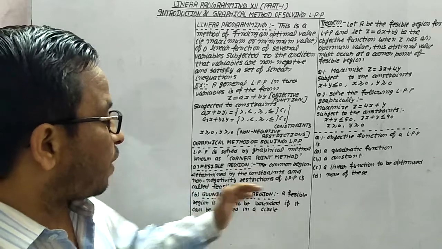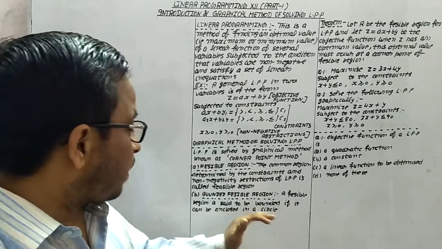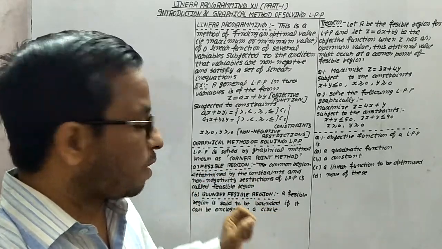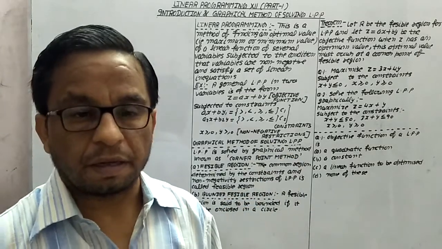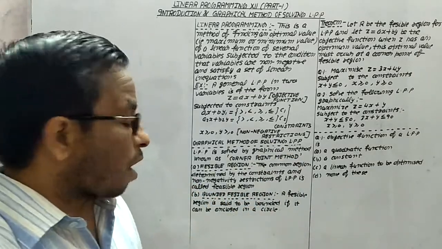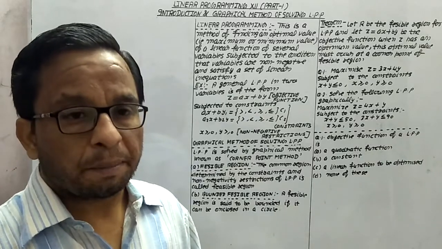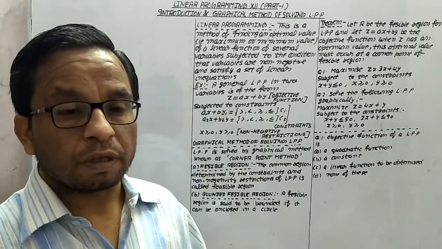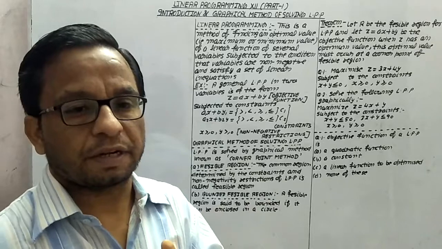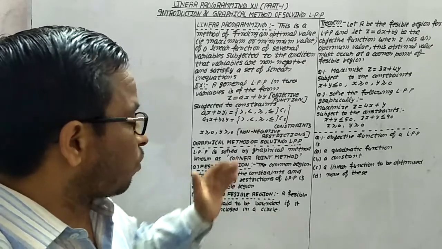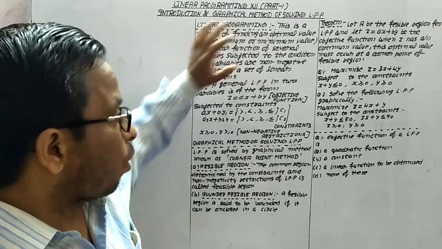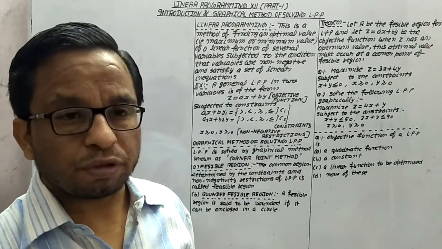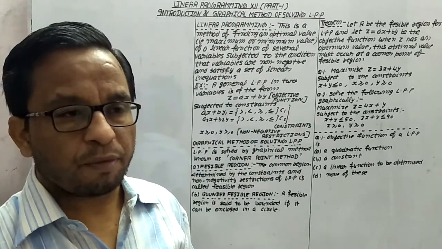Now, bounded feasible region. A feasible region is said to be bounded if it can be enclosed in a circle. There is also an unbounded feasible region, but we are not going to discuss that part in this session. We have to concentrate only on the bounded feasible region. So, how we have to use all these terms in questions is very important.